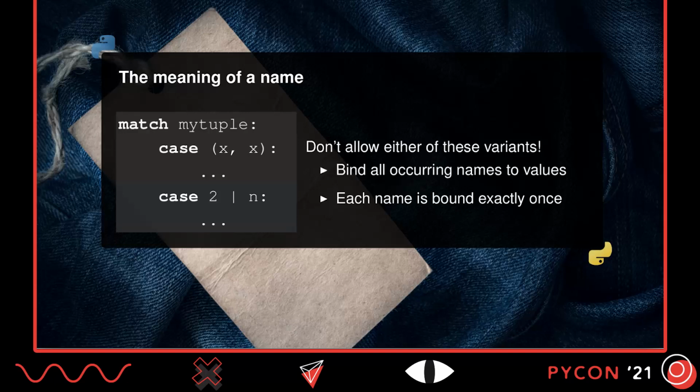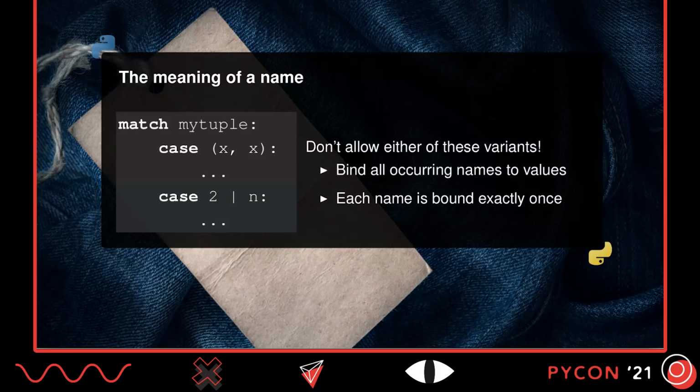Our solution to these two problems was to say that each alternative in a pattern needs to bind or define exactly the same set of variables, and each variable needs to be bound exactly once. So the first case statement here is actually outlawed because we would bind two different values to x two times.